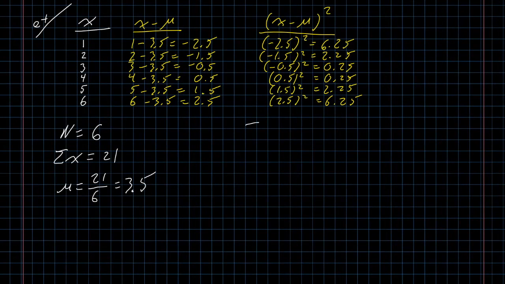So the sum of all of these, I add 6.25 plus 2.25, which is 8.5, plus 0.25, plus 0.25, plus 2.25, plus 6.25, and I get 17.5.